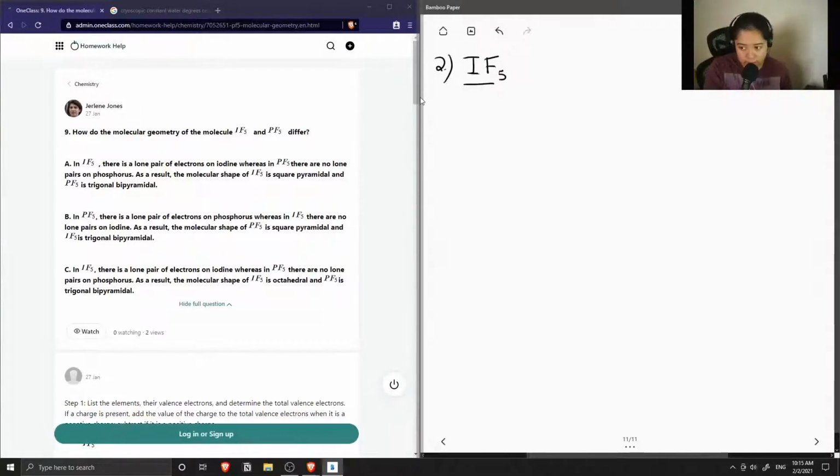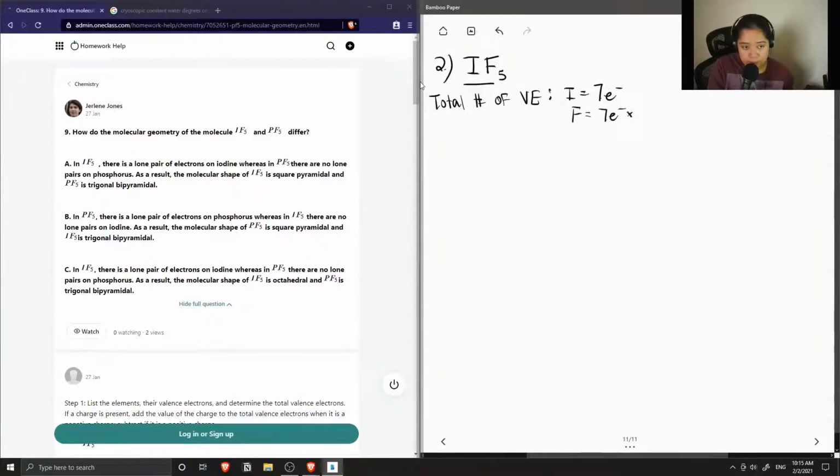And to find out its Lewis structure, we need to calculate the total number of valence electrons in this molecule. So iodine has 7 valence electrons, and fluorine also has 7.